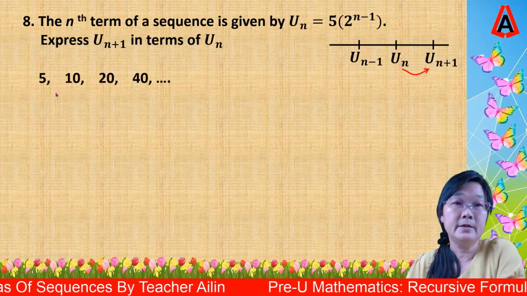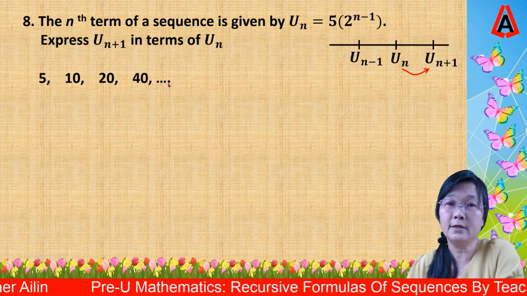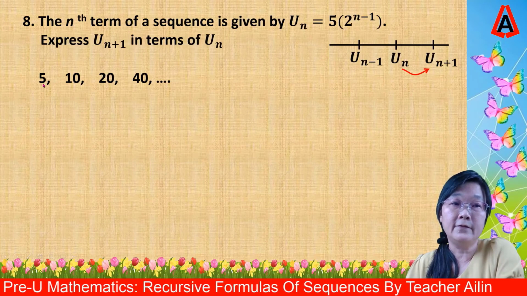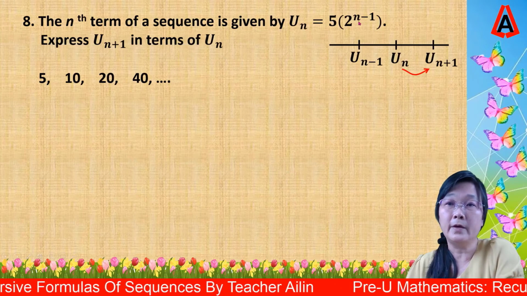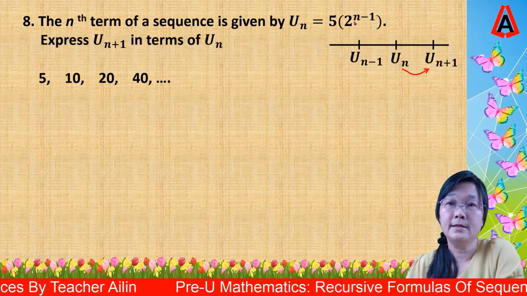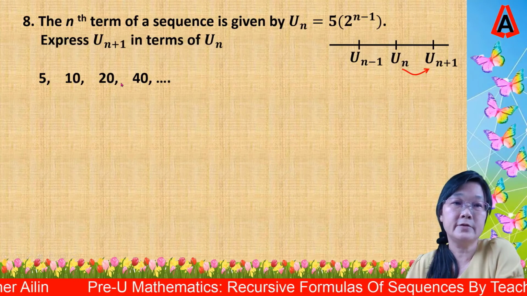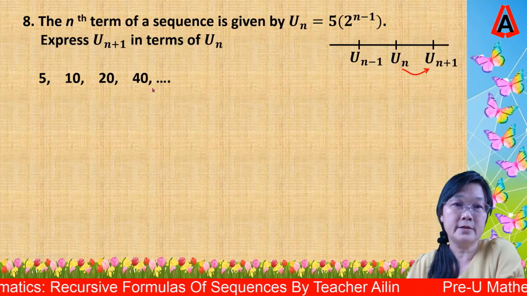Same thing, you have two methods. First, you can list down the sequence. The first term, n equals 1, is 5. The second term, n equals 2, is 10. The third term, n equals 3, is 20. The fourth term, n equals 4, is 40.